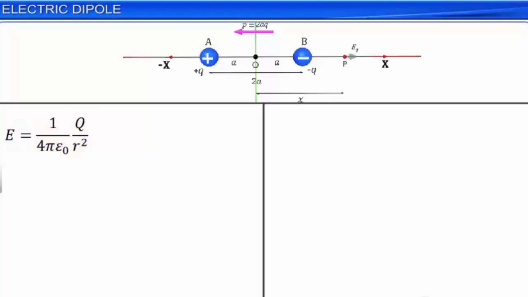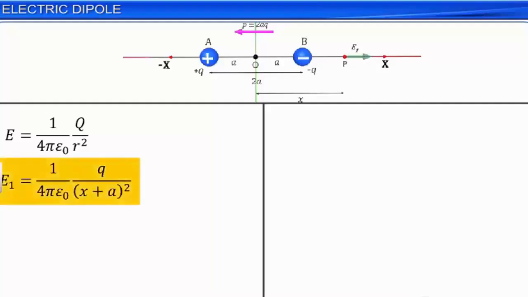Following the expression, the magnitude of the electric field strength E1 due to the charge plus q is equal to 1 by 4 pi epsilon naught q by (x plus a) square. Let this be equation 1. The direction of this electric field is in the direction opposite to that of the dipole moment.